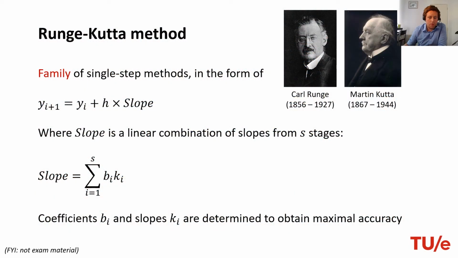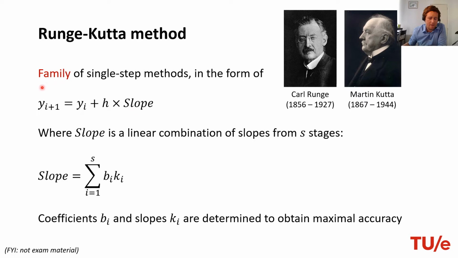Now, there is no single Runge-Kutta method, but rather they are a family of single-step methods, which are in the following form, such that the numerical solution in the next step is the solution in the current step plus the step width times a slope.